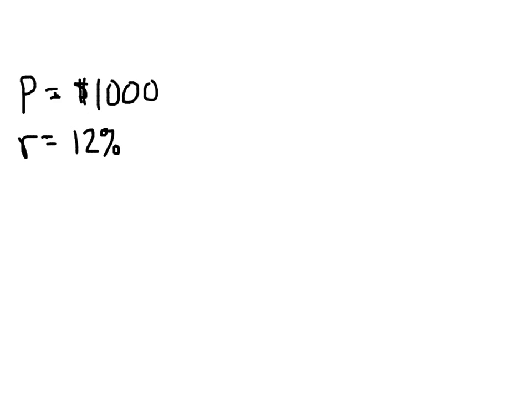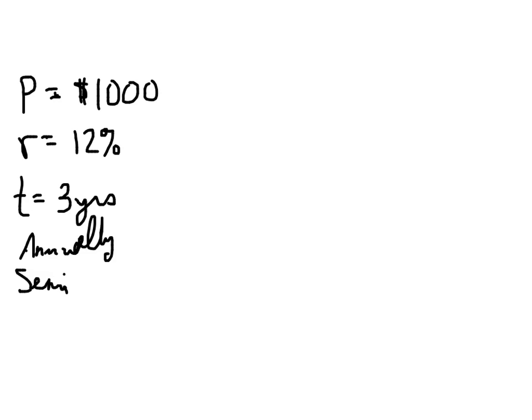If they're giving you something like 12%, please let me know, because I would like to make some money too. It says find the amounts in the account after 3 years, so that's your time, compounded annually, semi-annually (oh, I forgot that one; semi-annually is twice a year), quarterly, monthly, daily, all that kind of stuff.